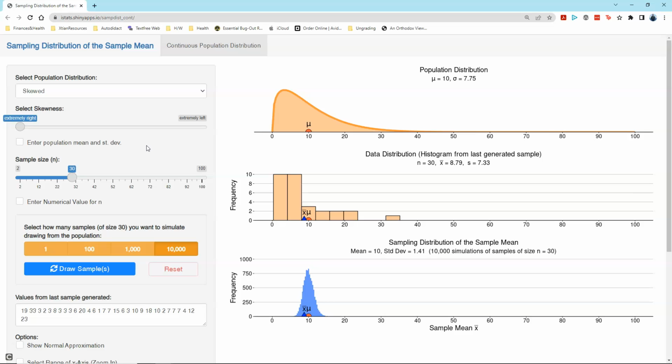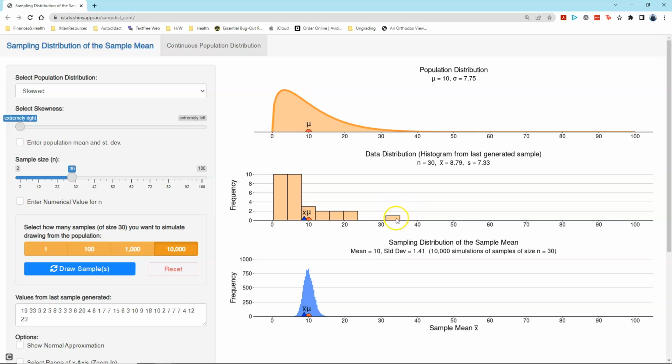So again, this helps us to see that when we have a population distribution that is not a normal distribution to begin with, that value of 30 is a critical cutoff value for ensuring that the sampling distribution of sample means is approximately normal.